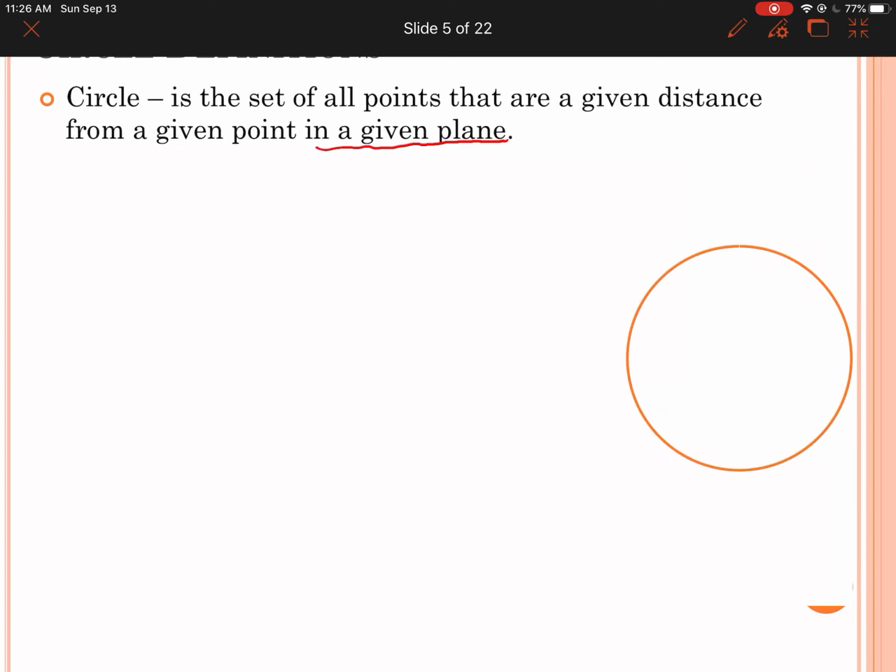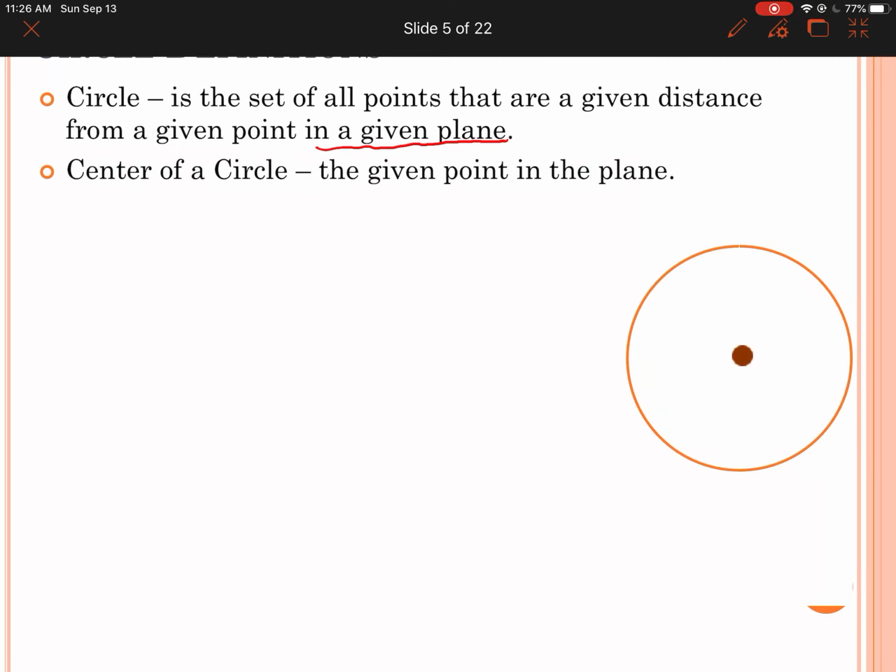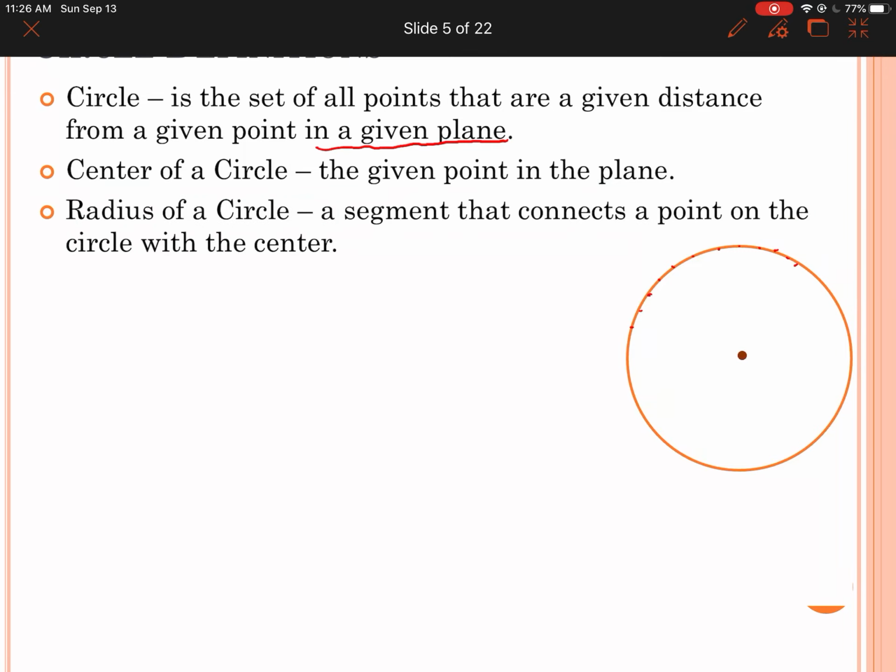So here's a circle, and here's the center. So if you think about this, on the circle, all these points, this is the set of all points at an equal distance or a given distance from a given point. And that given distance is the radius, or the length of the radius. So a segment that connects a point on the circle with the center is called the radius.